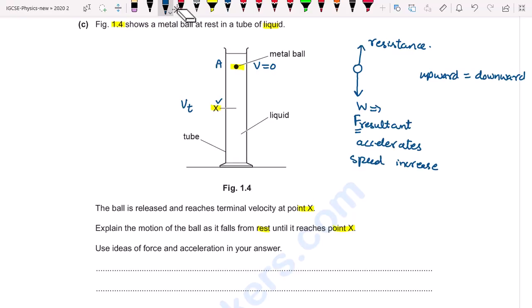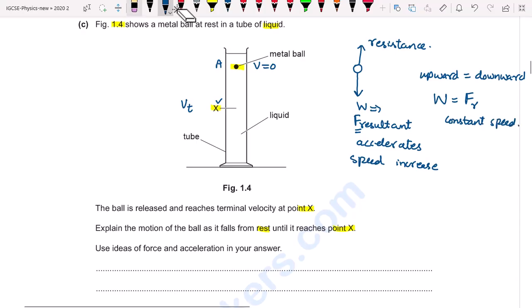It means that the force acting downward is weight and upward is the force due to resistance. Both of these become equal. Then the body attains terminal velocity, and at terminal velocity the body moves with constant speed.